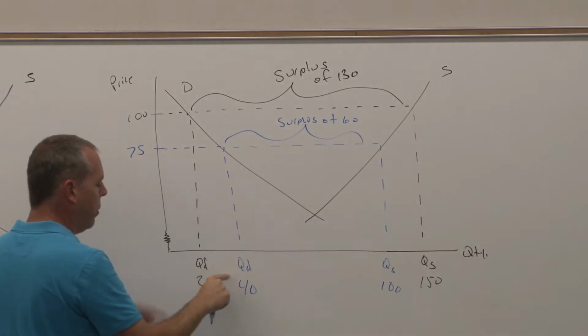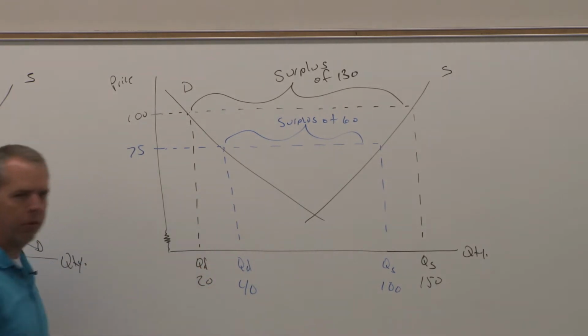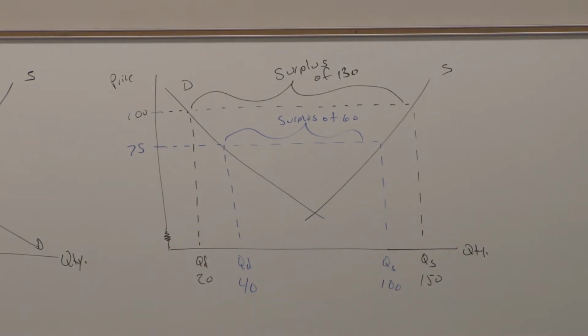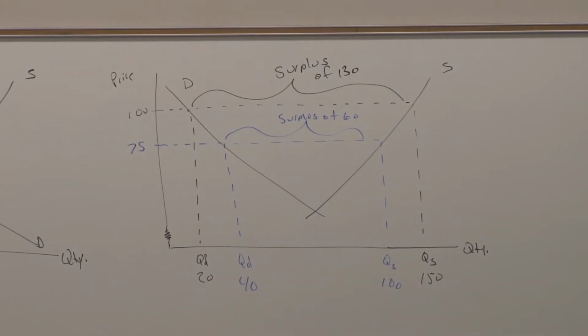What's happening here with these guys? Guy number 21 all the way up to 40. Why did they enter the market? What's going on there with those people?